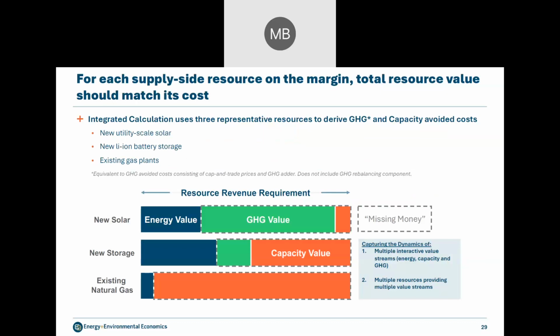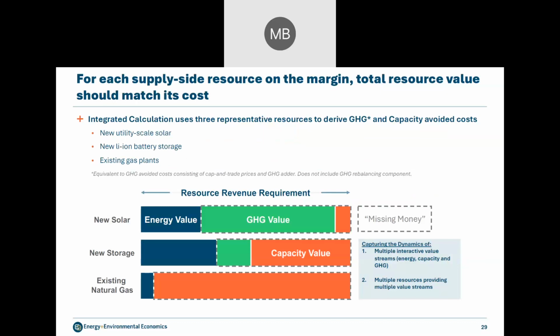The intent of this, I thought, was to look at all the resources selected in the IRP portfolio and use this calculation not just on a limited set of 2 resources, but on everything. I think a lot of the parties in the update proceeding recommended that we have further process here to look at the results of the integrated calculation when it's applied to the full IRP portfolio.